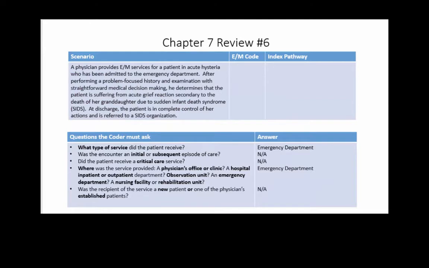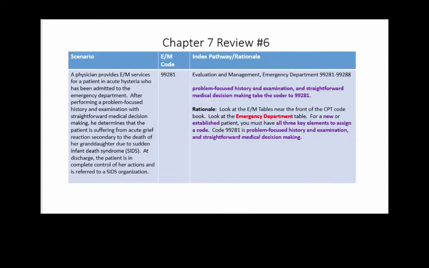For number 6, the physician provides E&M services for a patient in acute hysteria admitted to the ED. So the ED is now your place of service, and you're going to be looking at codes that reflect that. Evaluation and management would be your main term, emergency department your subterm, giving you a different code range. Now you're in 99281 through 99288.